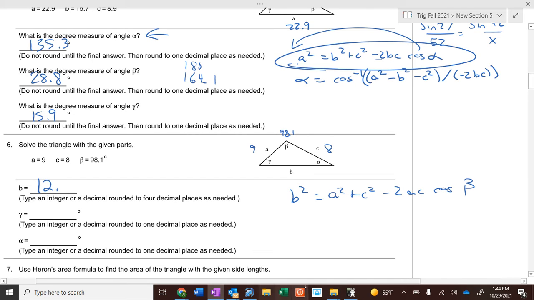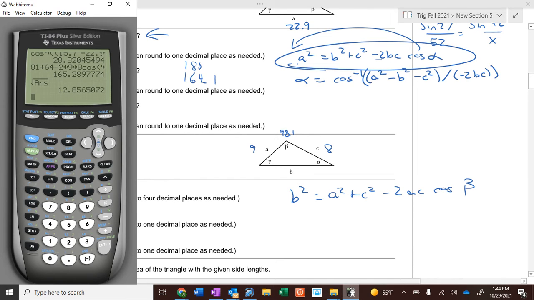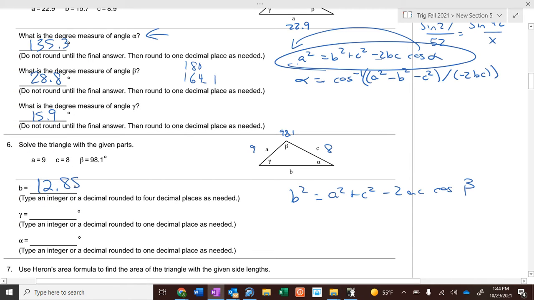Oh, you want 4 decimal places. 12.868565. Okay, now to find this one, it's the law of sines. The sine of 98.1 over 12.8565 equals the sine of gamma over 8.